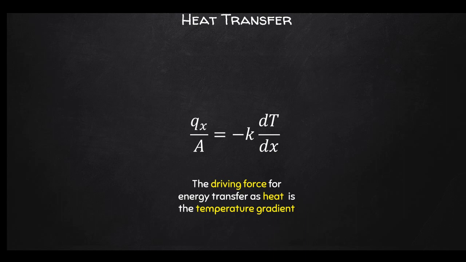So take a look at this equation. On the left-hand side, we have the rate of heat transfer, Qx. Heat is being transferred in the x direction, and that is what the x subscript is for. The energy is being transferred through a specific area.